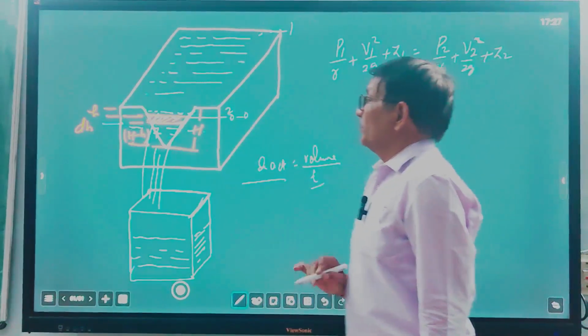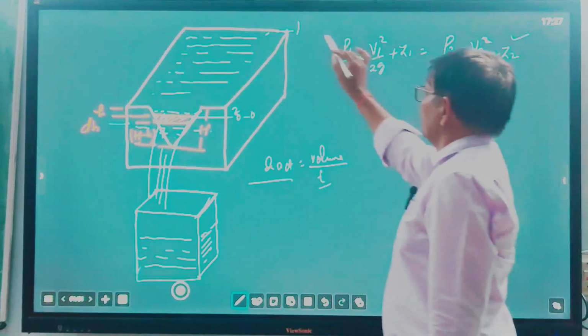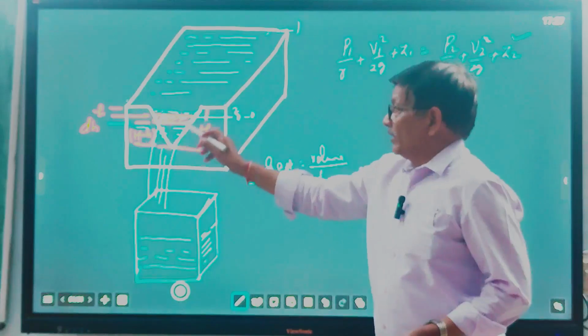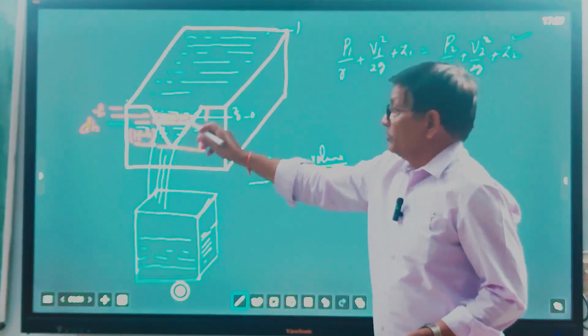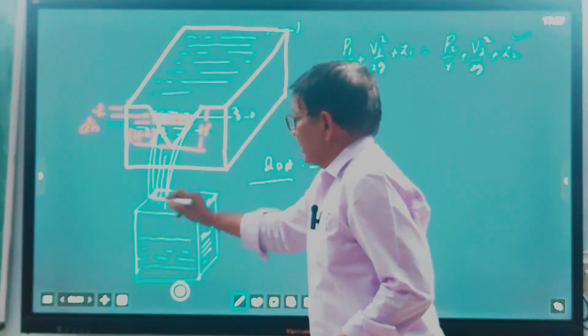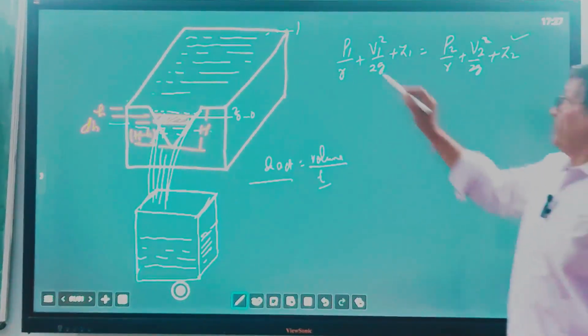Since we are taking the reference line at 0, Z2 will be 0. Both points are at open conditions, as water comes out of the V notch in the form of a nappe and is accumulated in the tank, so the pressure will be the same at both.